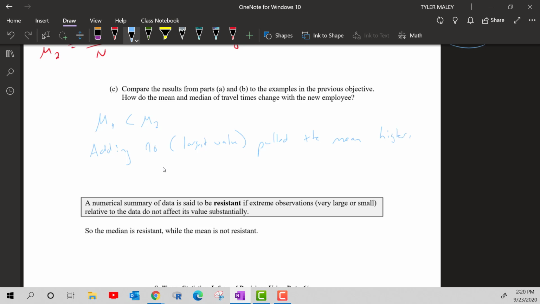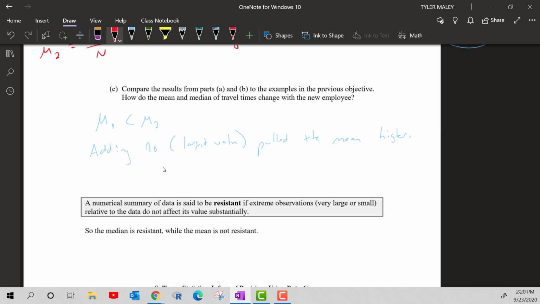Notice that adding a number like 70 is a really large value, and it pulls the mean up higher. If we put in a really small value compared to the other values, it would pull the mean lower, to the left. So it pulls it in the direction of that extreme value.